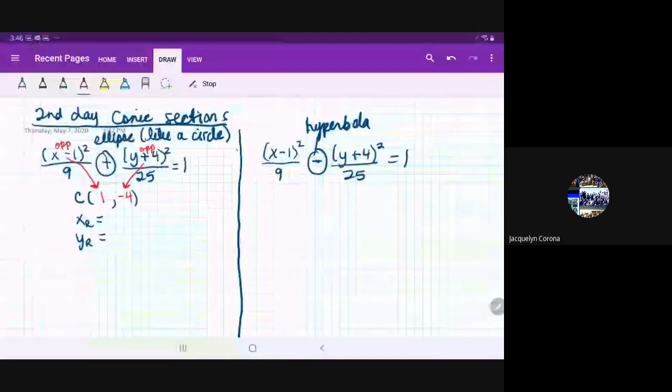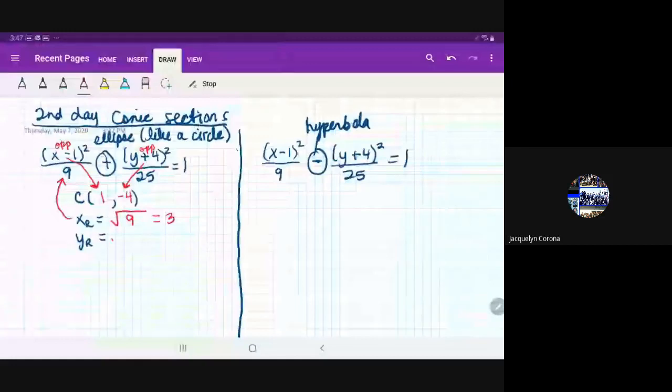Okay. And then to find the x radius, you're going to take the square root of what's under the x. Okay, so what's under the x? And sometimes the x is second in hyperbolas, so you're going to take the square root of what's underneath the x. In this one, that would be 3.